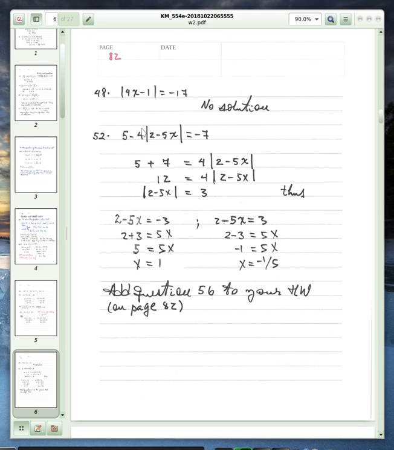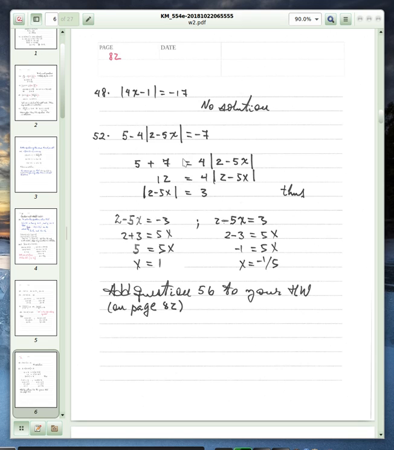So what you do is you start moving things around, right? You take this whole term, which is negative, put it on the other side positive, take this negative 7, move it to the left positive. Now you have 12 equals 4 times the absolute value. Divide by 4, so the absolute value equals 3.